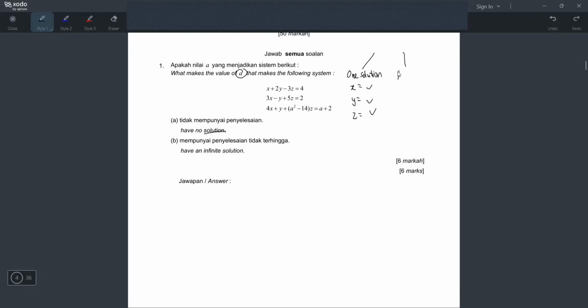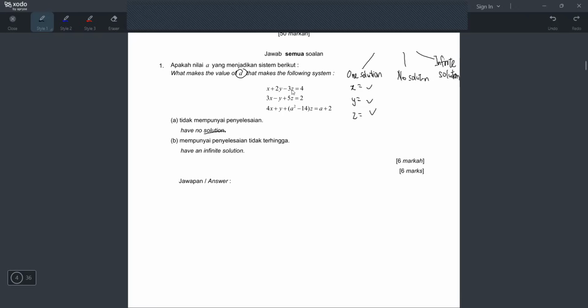Or you might get no solution, or you might also get infinite solution, right? Most of the time, when you do the questions, you will always end up with one solution, but in very rare questions, you will end up with no solution. And how do you know whether the question has one answer, no answer, or infinite answers?